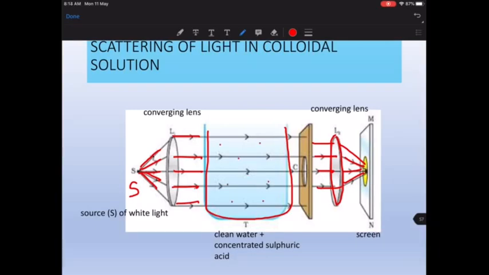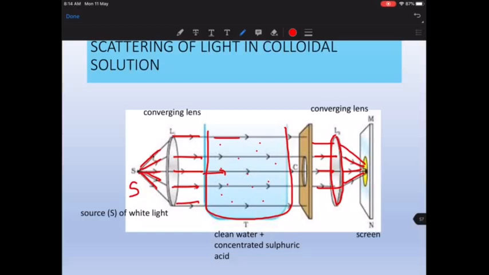So in this solution, as I told you, you have the sulfur particles. So when this white light is incident, the sulfur particles are going to scatter the light. And when this light is scattered, you will see blue color from all the three sides. If you see from the top, or from the bottom, you will see blue color, because blue light is the weakest one.